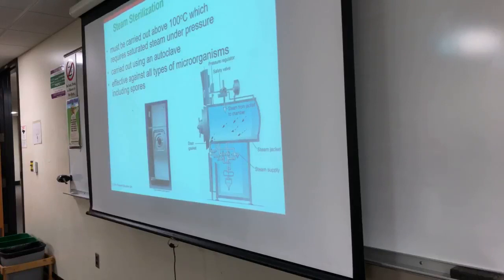So it can get to 120 degrees Celsius. That's what an autoclave does. It still steams, but the steam's pressurized, and the pressure allows you to go past 100 degrees Celsius. And that's strong enough to kill spores.